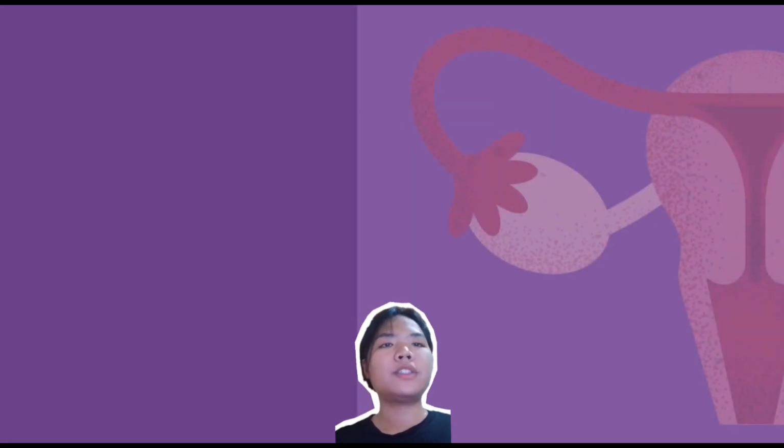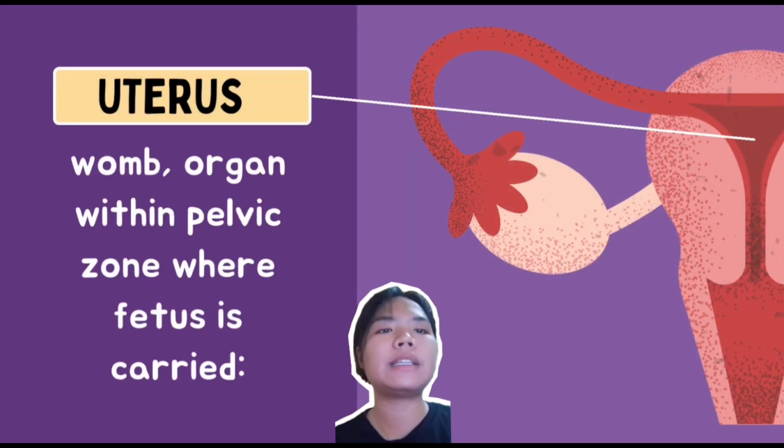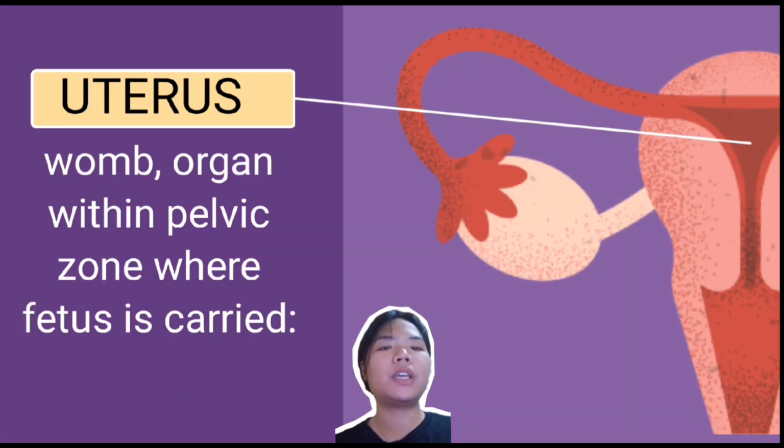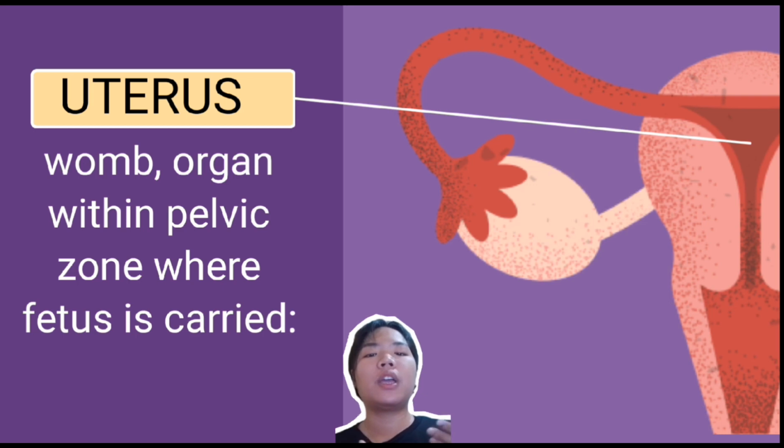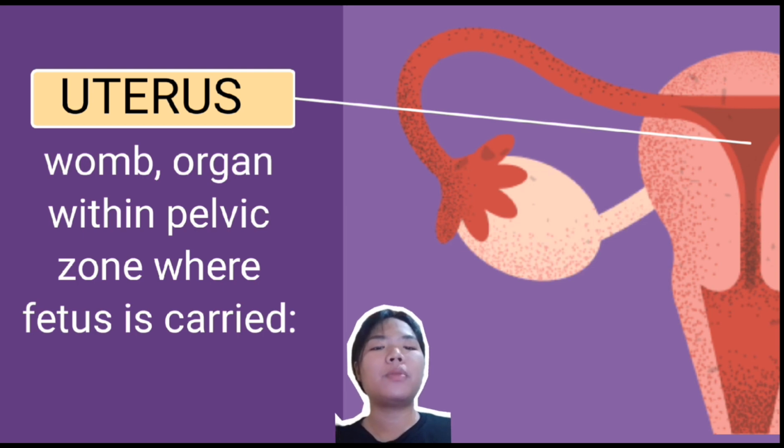Moving on, the next structure is the uterus, commonly called the womb, an organ within the pelvic zone where the fetus is carried. The uterus is a muscular organ made out of the myometrium, the muscle layer, and it is where pregnancy takes place.